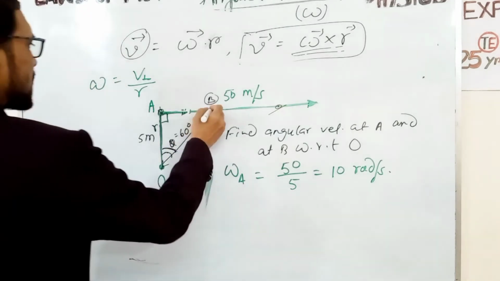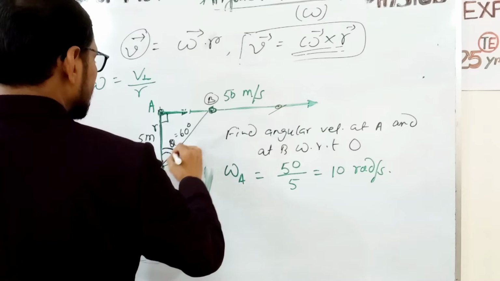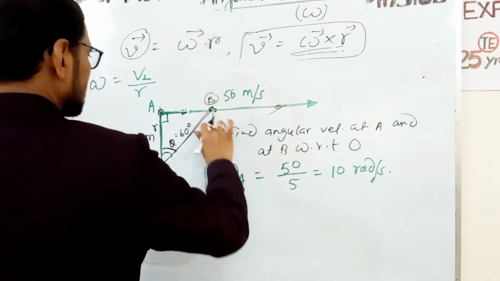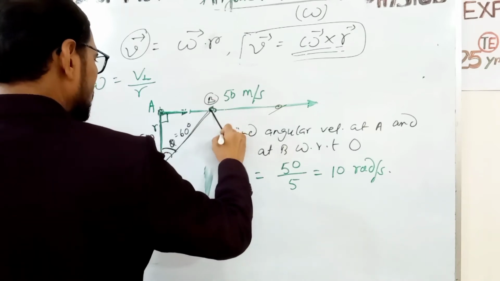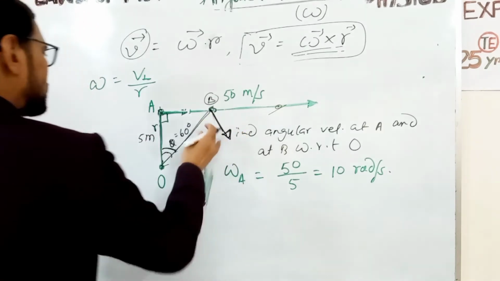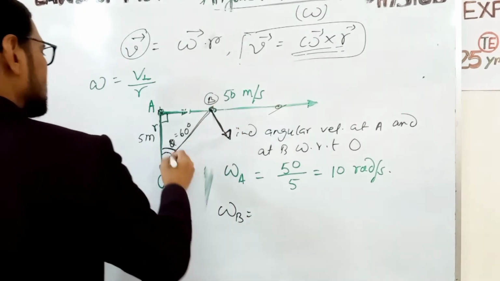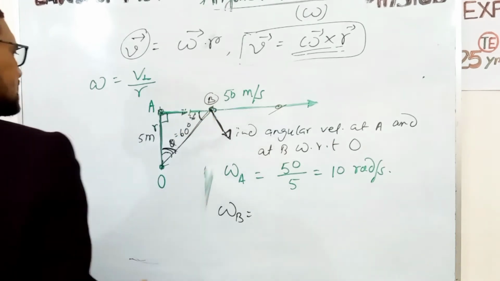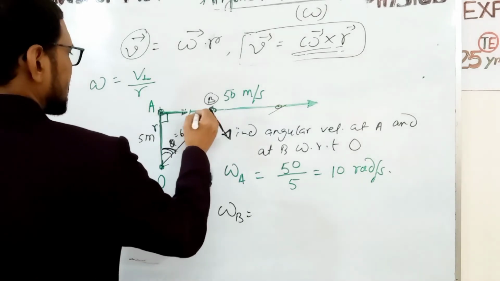Now when the particle is at B, this is the radius, and we have to take the perpendicular component of velocity to find omega at B. If this is 60 degrees, and this is 90, then this is 30 degrees.